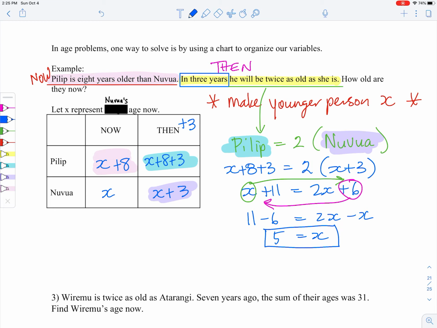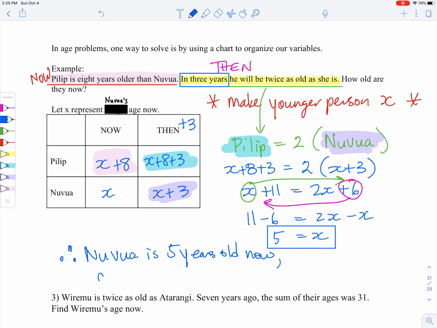And if we look at our table, x let us see how old Nouveau is now. So therefore, Nouveau is 5 years old now, and Philip is 5 plus 8 equals 13 years old.